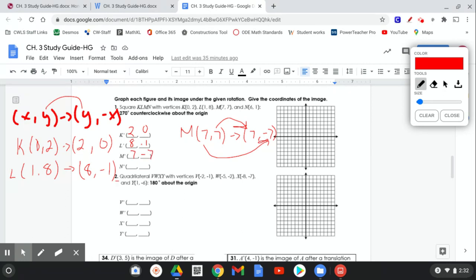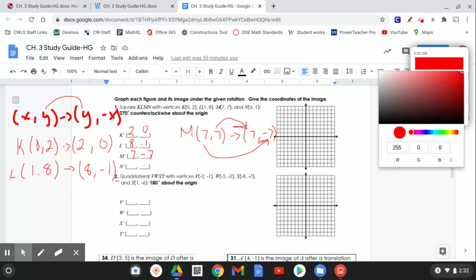Moving on to this one right here, we're going to use the rule for 180 degrees around the origin. So that is going to be (x, y) to (-x, -y). So we just change the sign on those. If we're starting out with V, it is at (-2, -1).